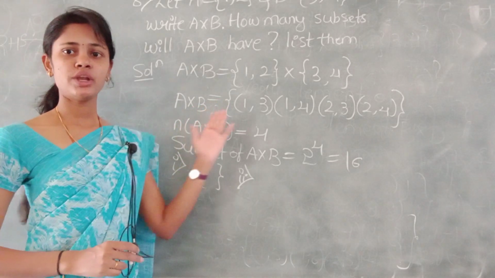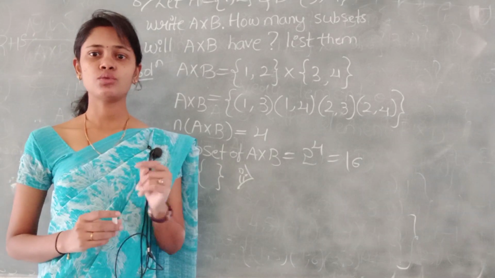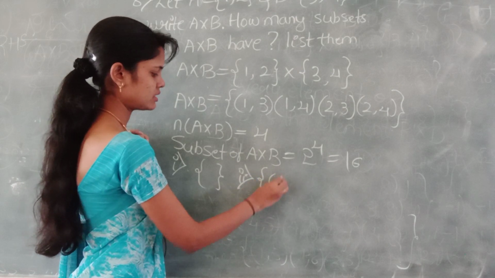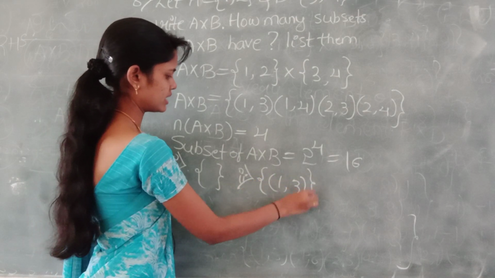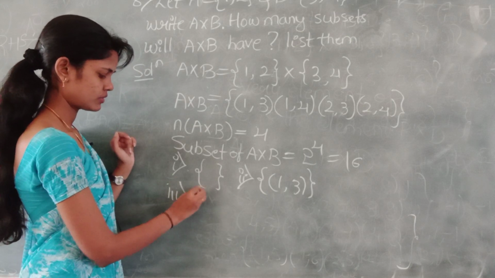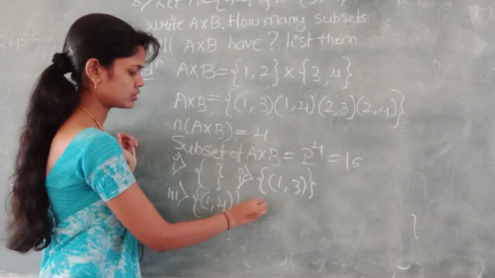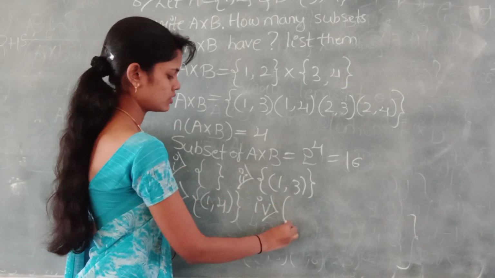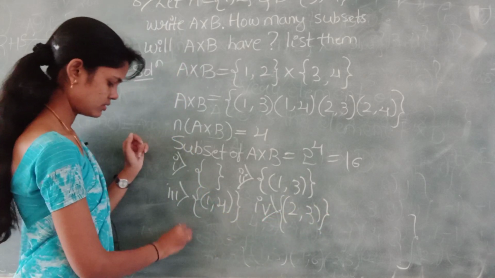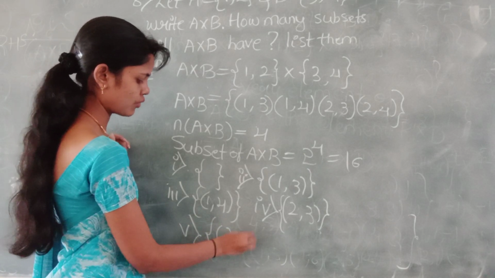First we'll go on writing the sets containing only one element, or only one ordered pair. So the subset containing only one ordered pair, that is 1, 3; third one, 1, 4; fourth one, 2, 3; and fifth one, the set containing 2, 4.